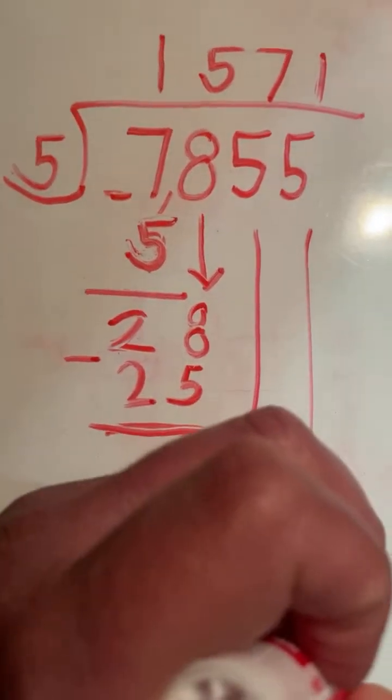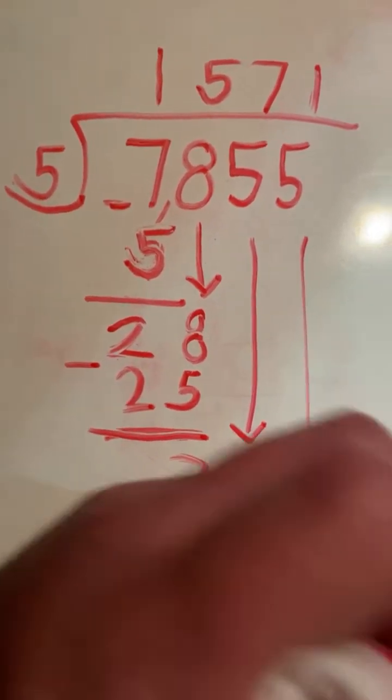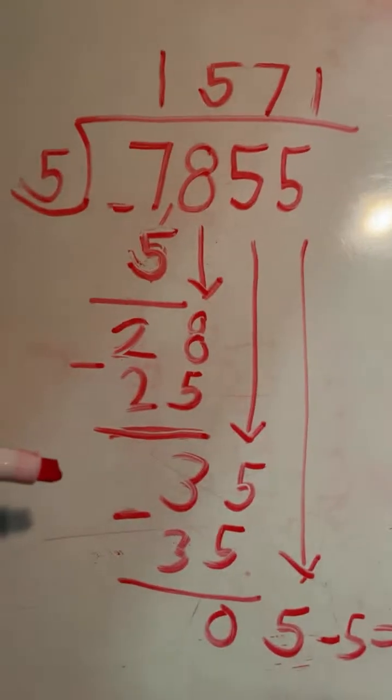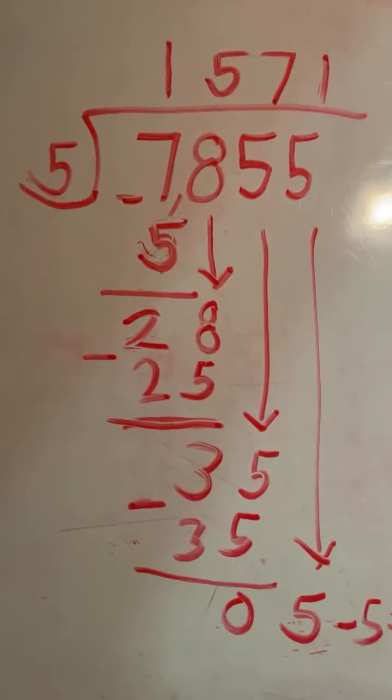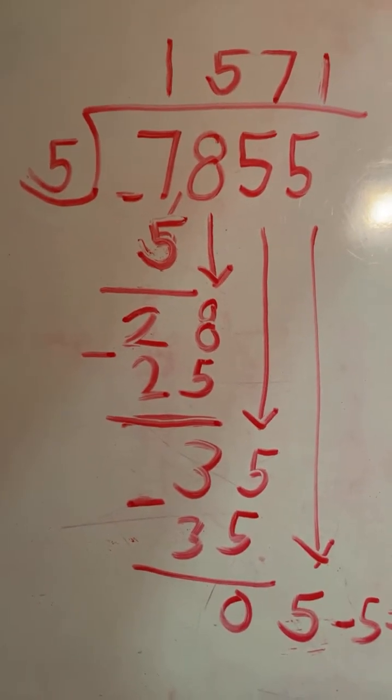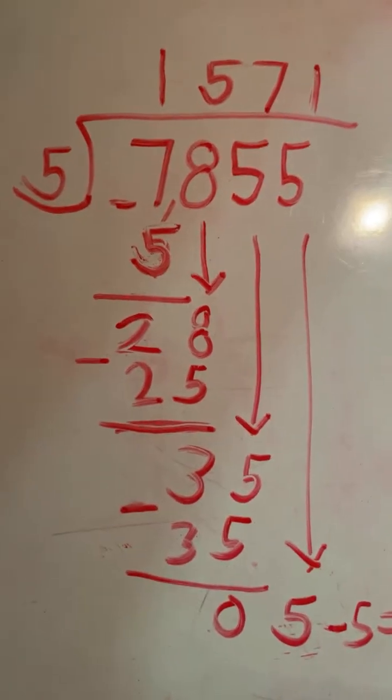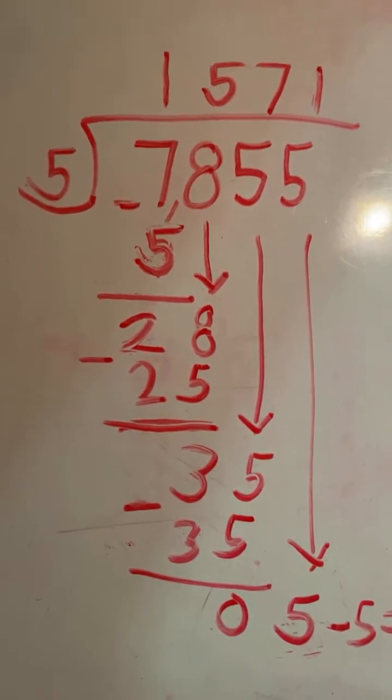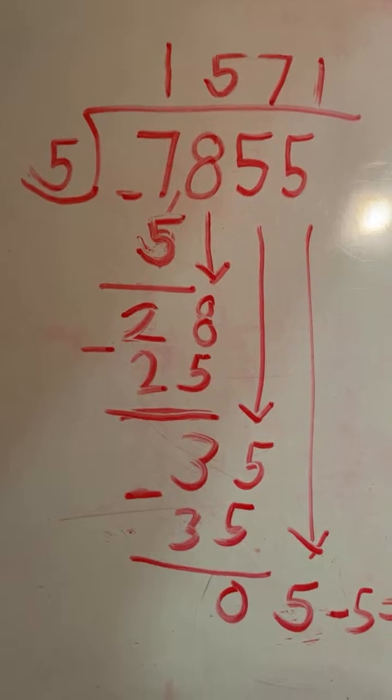And if we do 5 minus 5, that equals 0. There is no remainder, so we have our final answer. 7,855 divided by 5 equals 1,571.